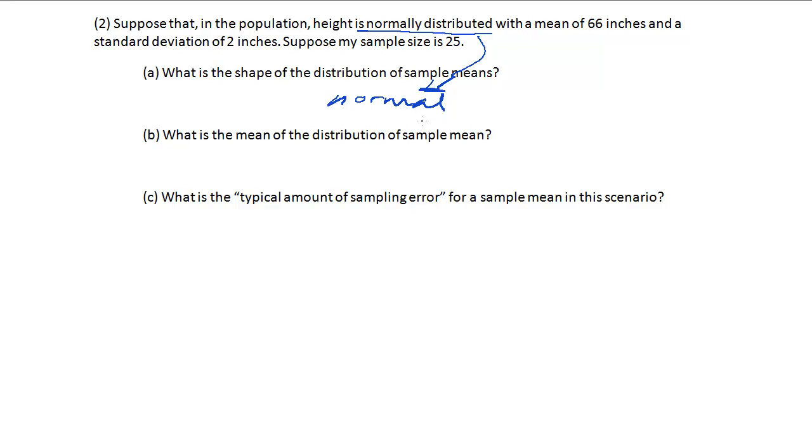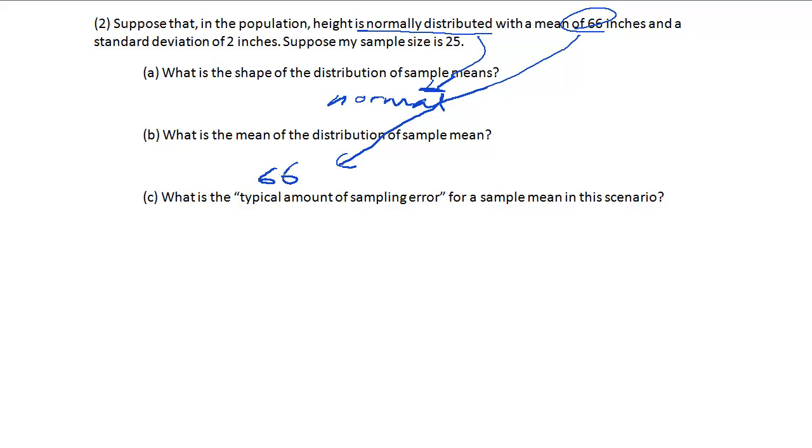What's the mean of the distribution of sample means? It's going to be the same as the population mean, which is 66. What's the typical amount of sampling error for the sample mean in this scenario?